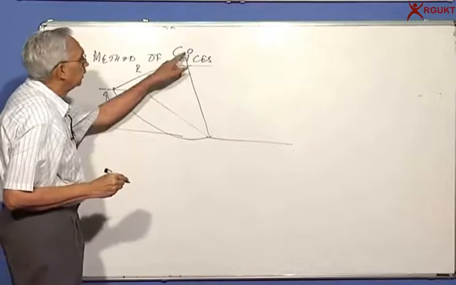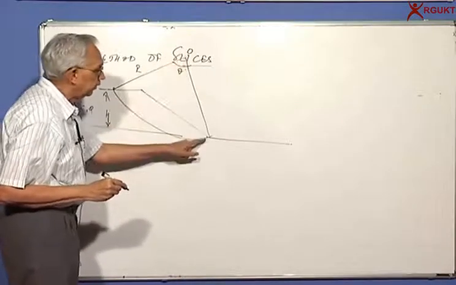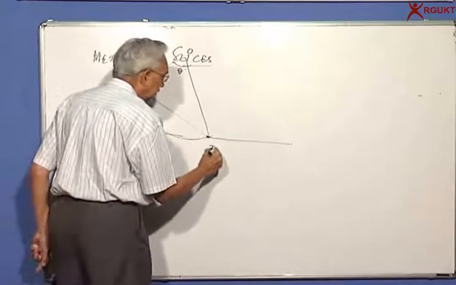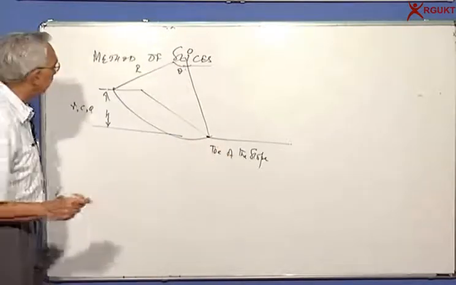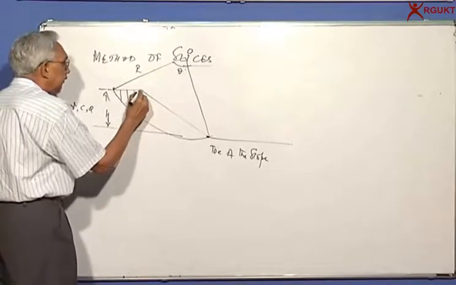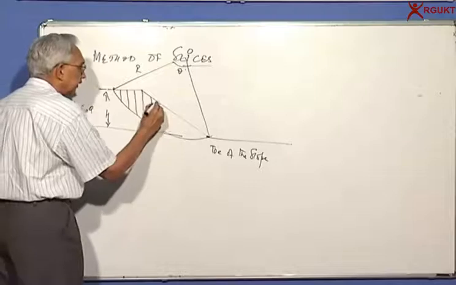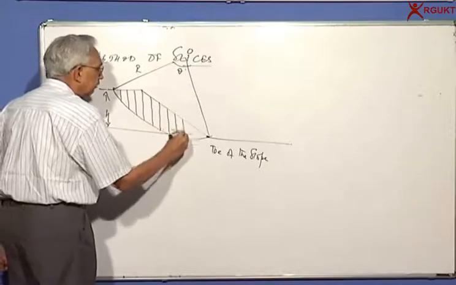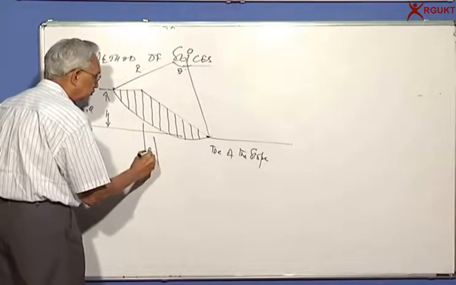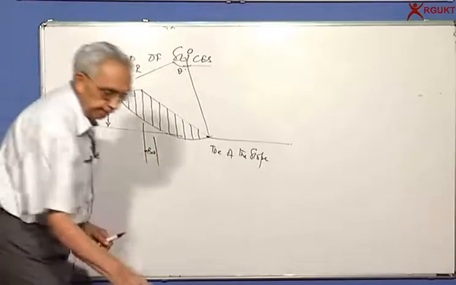So given the center, we draw a line to the toe. This is called the toe of the slope. What he said was, divide this failure zone into a number of slices of equal width. Let us say this width is b, small b.